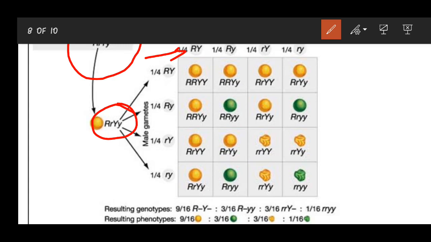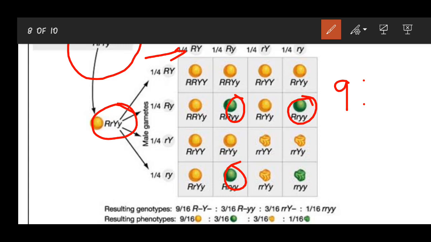And what you get is, with the color, you have 9 round yellow, and you have 3 round and green.